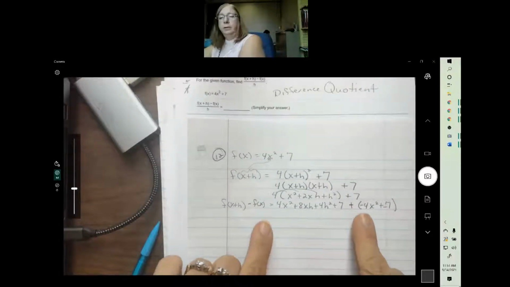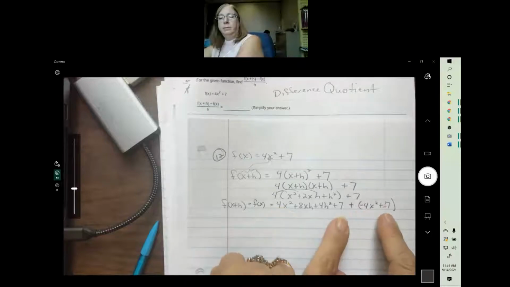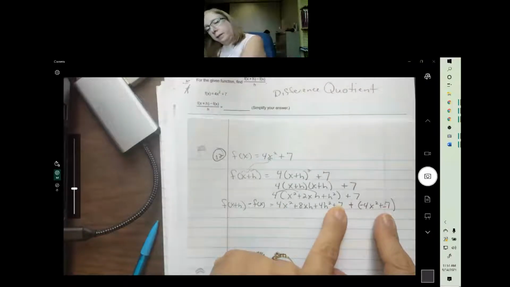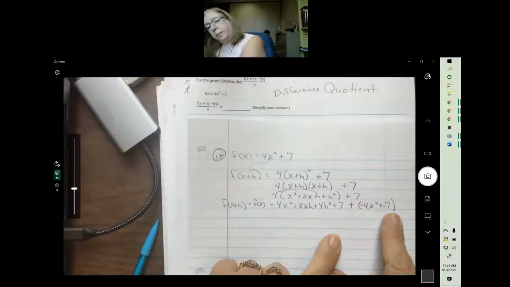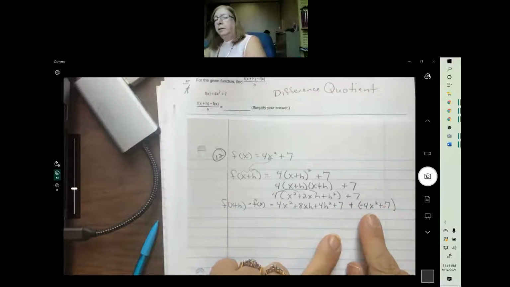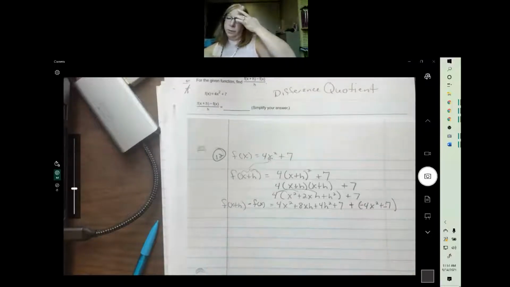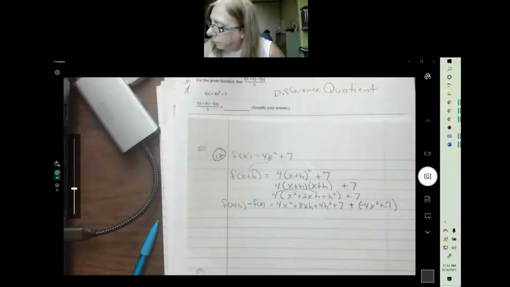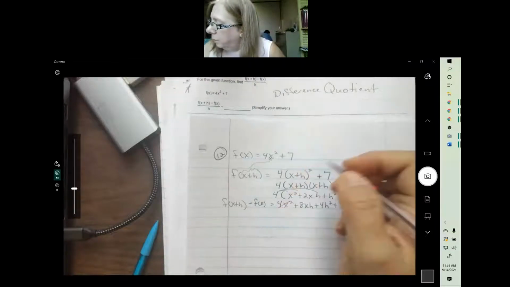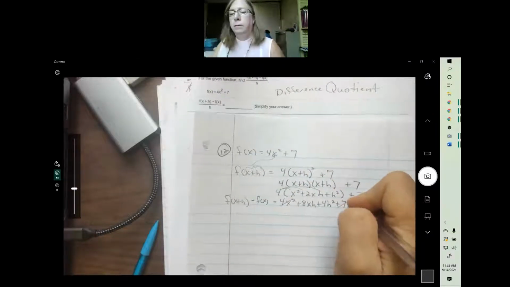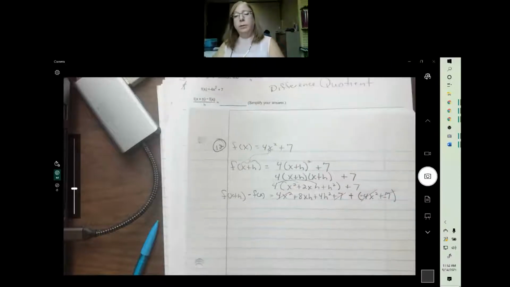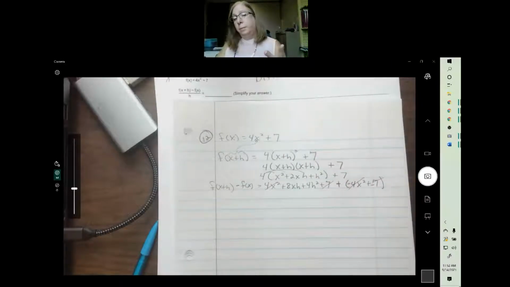Then notice the 4x squareds cancel and the 7's cancel. Everything in here should cancel or you made a mistake. That's how the difference quotient works. So this one drops out and the 7 drops out. Notice the terms, there's 2 of them, and they both have an h in them.